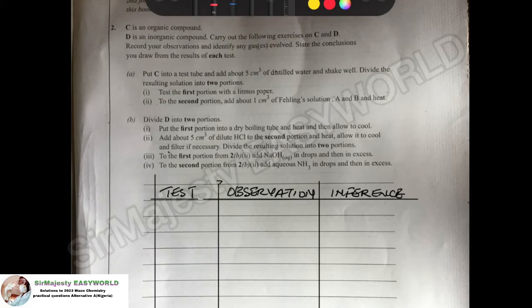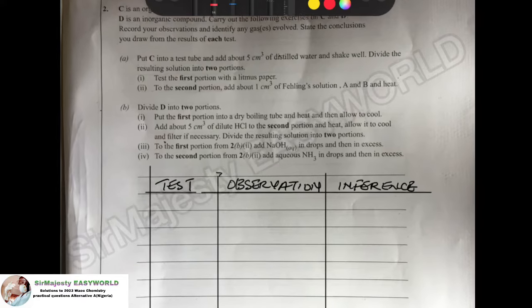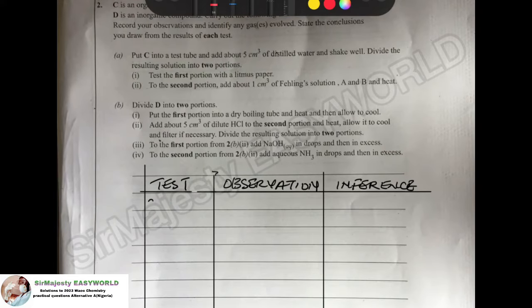But what you should do normally is just to write solution of C plus litmus. Because they didn't number that, put C, that is A. But for the sake of the fact that we are learning, you can say C plus 5 cm³ of water. Then they have told you resulting solution, which means it will dissolve.